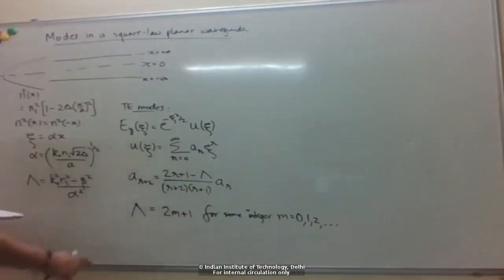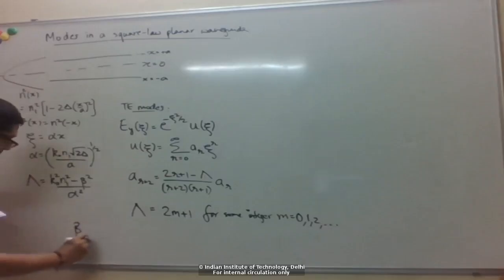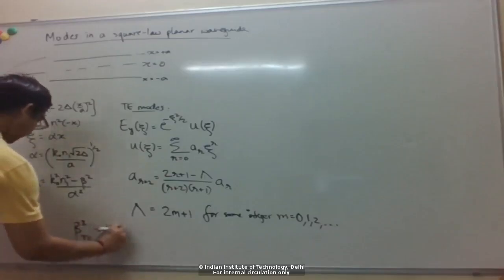This lambda depends on beta. So for a particular value of m, we get the propagation constant for that mode index. Basically, beta for the TE_m mode we can write like this.